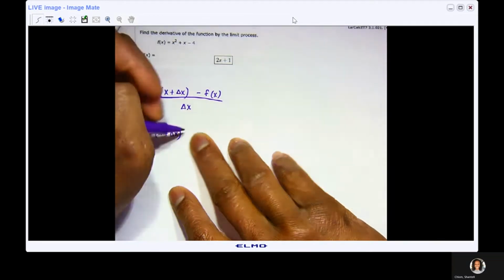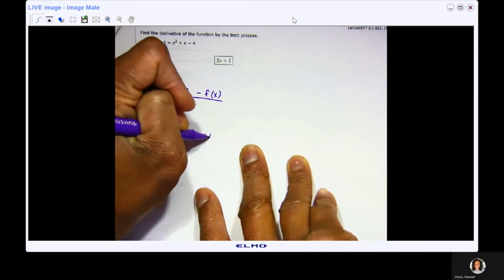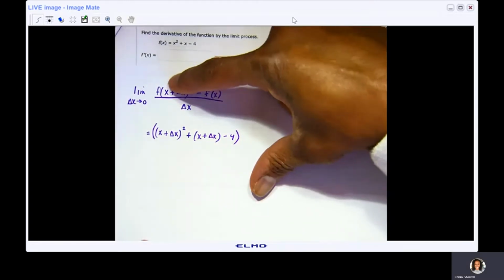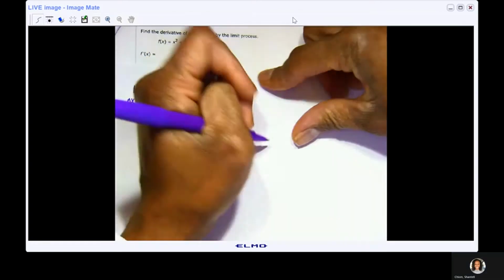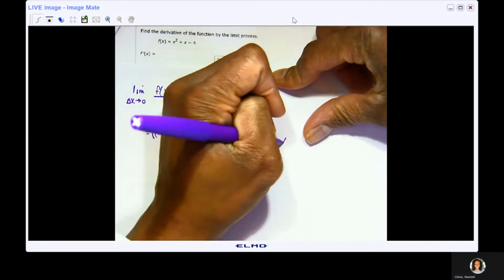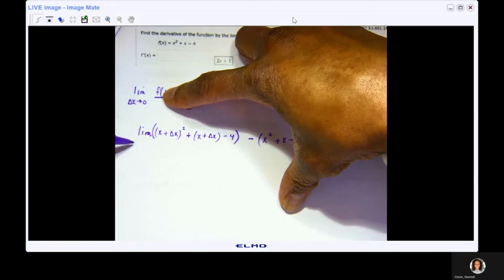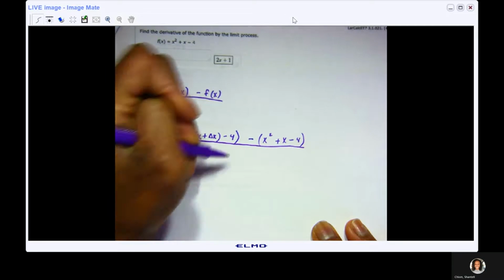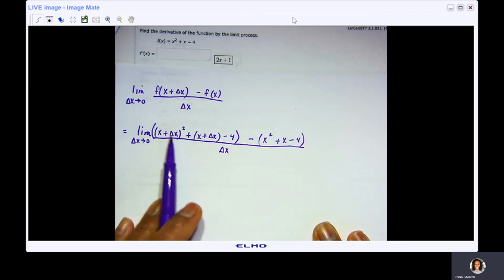So right here, find f of x plus delta x, and I have minus f of x. Okay. So yeah, I'm going to have to clean this up.